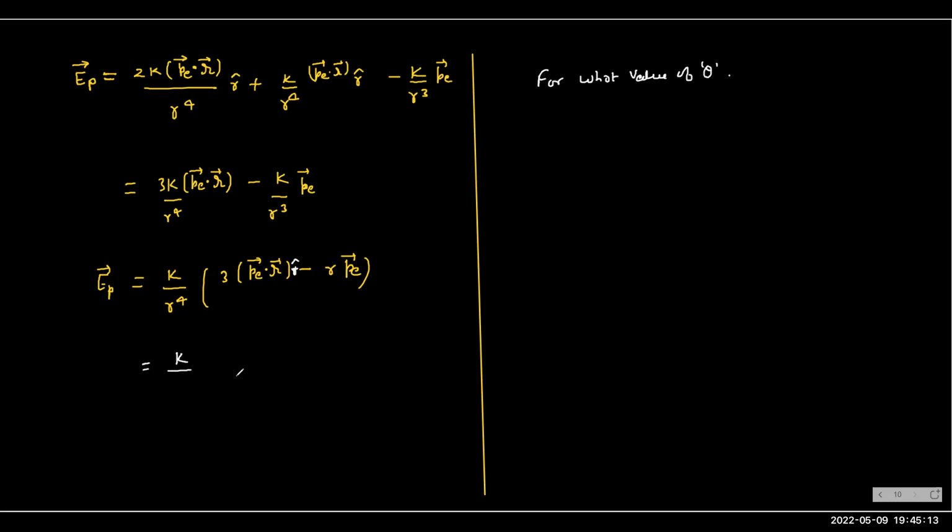The problem is the second term, I cannot bring the r cap there. Yes, this is r cap for sure. I missed this part. So okay, that's fine. K by r power 4, and then we have p dot r cap minus r.